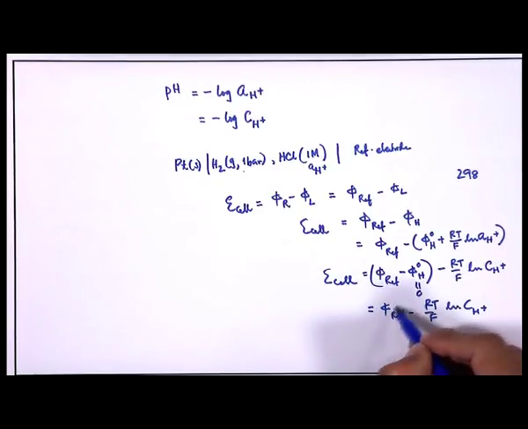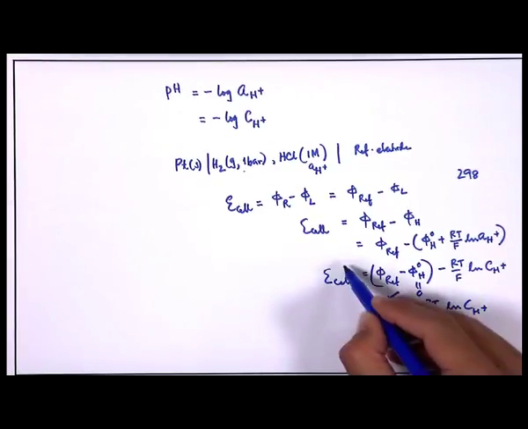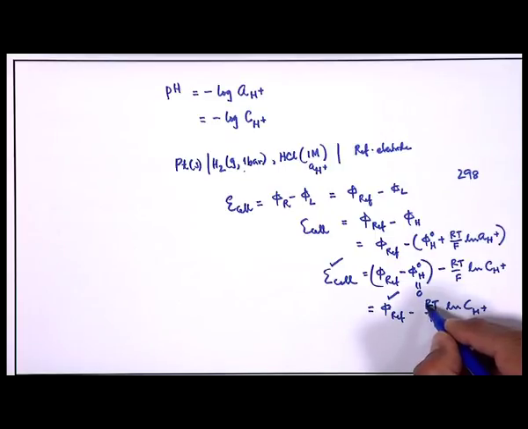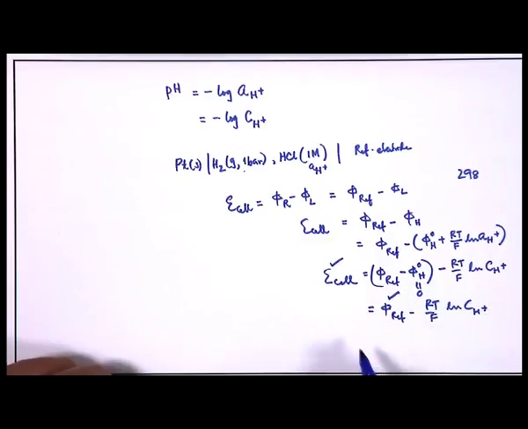This phi reference is known, and E cell will be estimated experimentally. So, plugging in the respective values like value of R, then temperature, then value of Faraday, you will be able to find out the concentration of H plus. Once concentration of H plus is known, then you should be able to find out the pH of the medium.